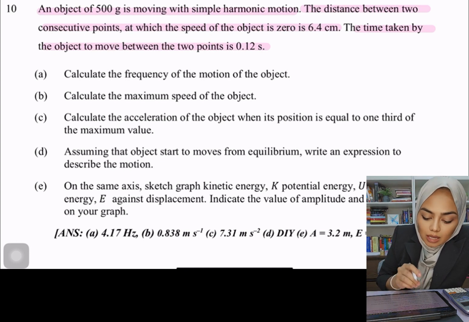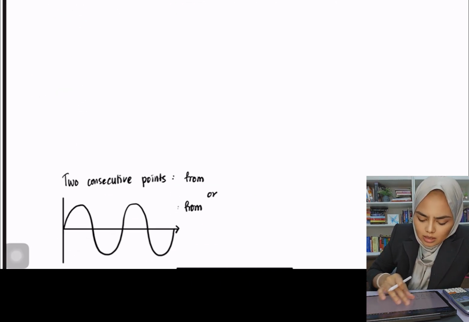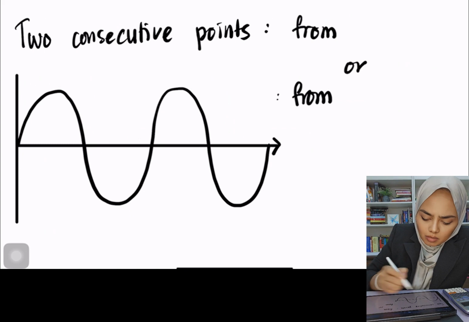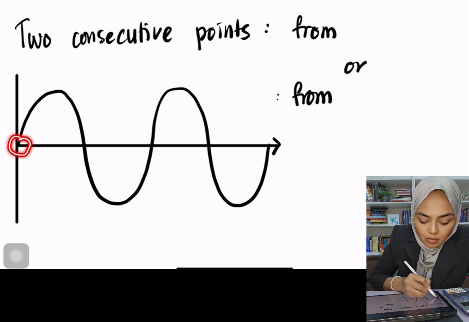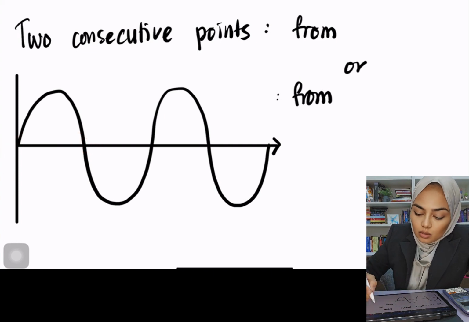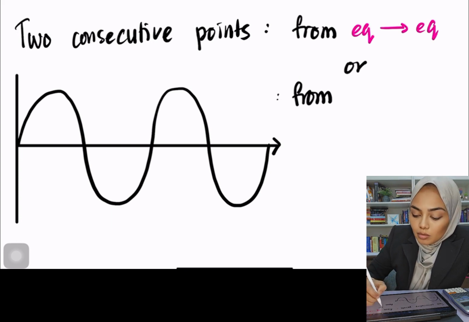So jom kita tengok apa yang dimaksudkan dengan two consecutive points. So ceritanya begini. Two consecutive points boleh jadi daripada equilibrium to the next equilibrium korang, or from amplitude to the other amplitude.